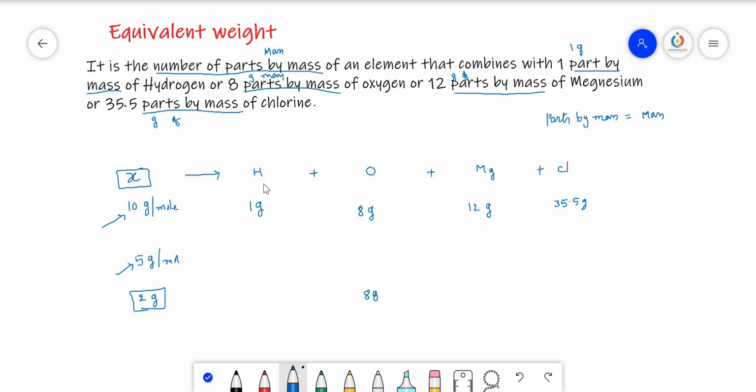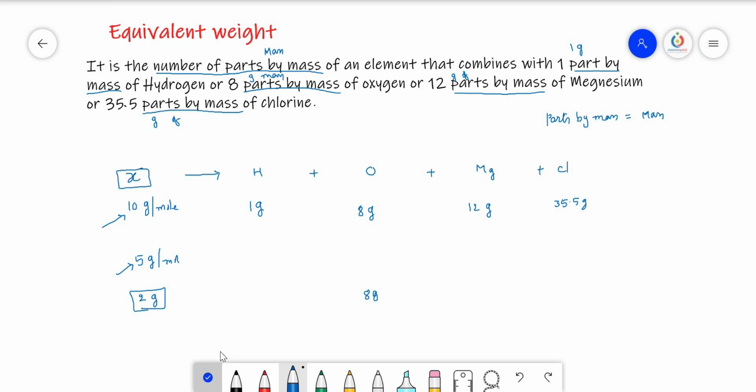But every time we cannot see the reactions, because if you want to find out how much mass of the element combines with 1 gram of hydrogen, oxygen, magnesium and chlorine separately, you need to conduct the experiment and measure the mass of these elements experimentally. Then it becomes difficult.